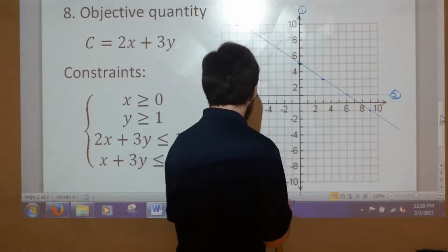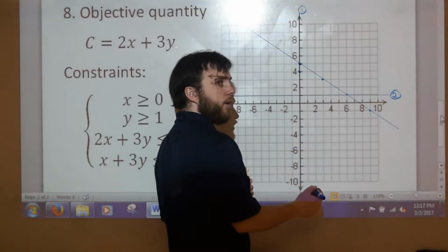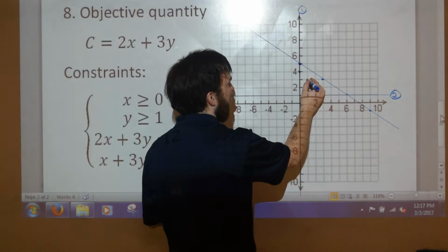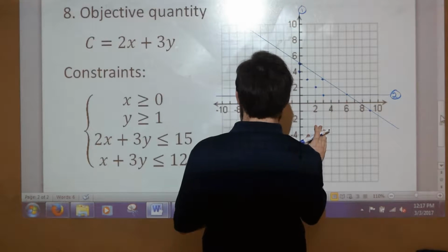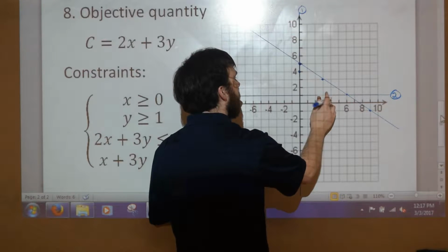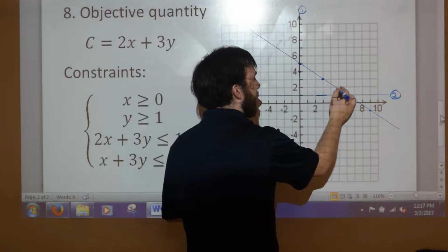The fourth line had a y-intercept of 4, and it had a slope of negative 1. So down 1, right 1. No, that can't be right. It's got a slope of negative 1/3. So down 1, right 3. There we go.